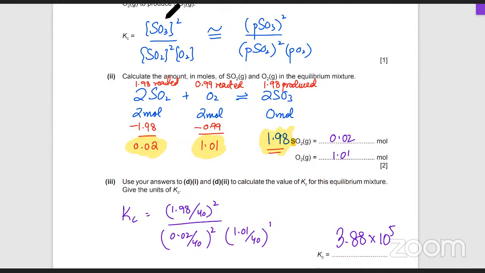This one, concentration squared divided by concentration squared divided by concentration. तो क्या हो गया? मोल per dm cube squared, mole per dm cube squared, mole per dm cube. So it's going to come out to be x minus 1. Okay, this one is going to come out to be x minus 1. So it's basically mole per dm cube minus 1. Yani mole minus 1, and dm would be.